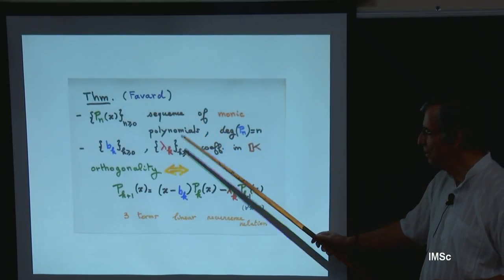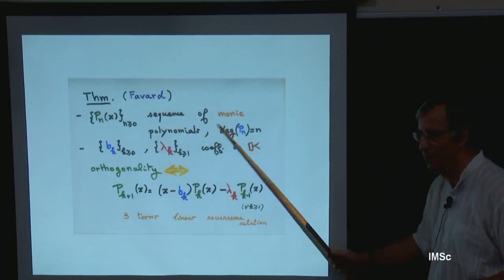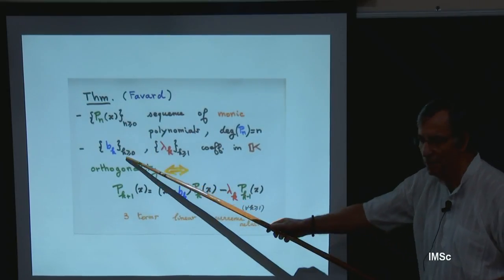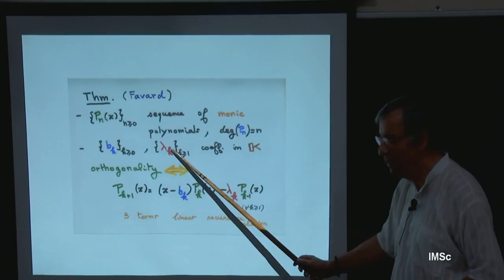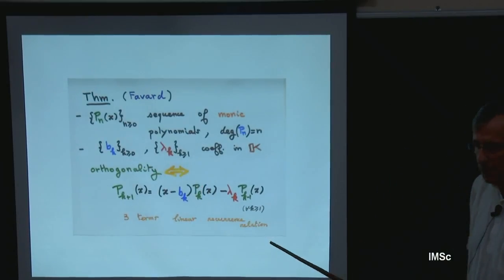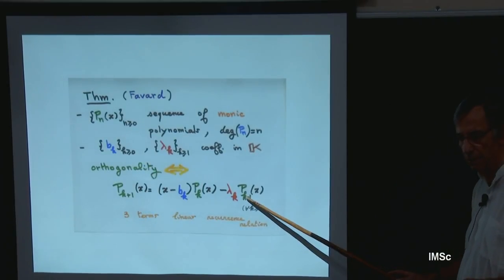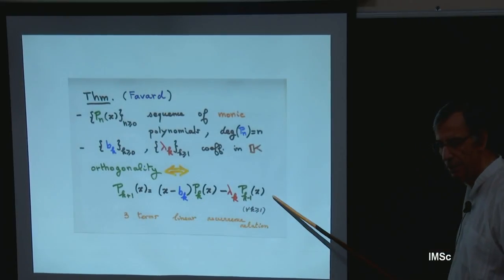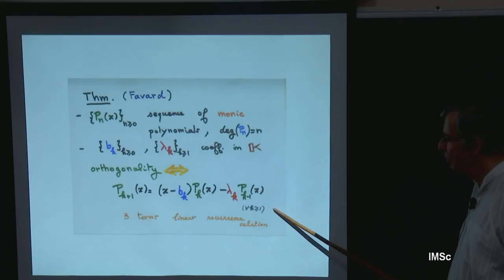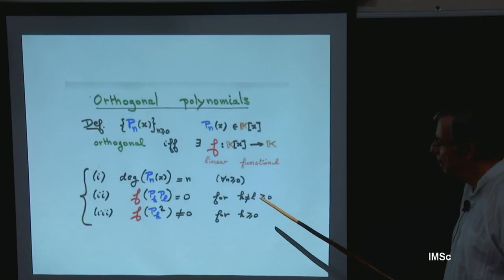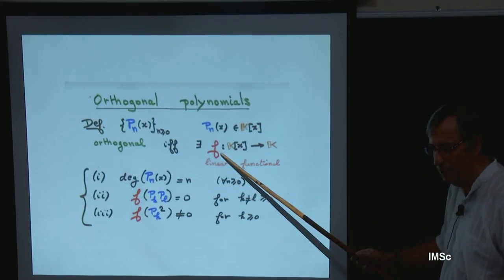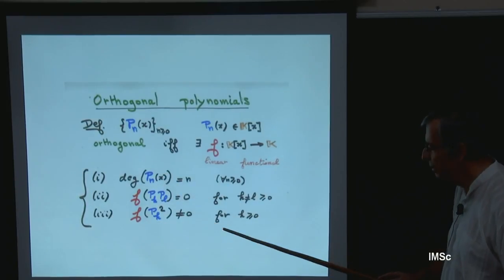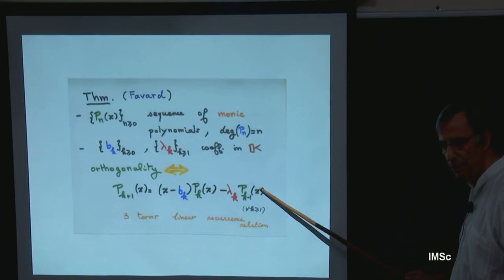This theorem says that the sequence of polynomials is orthogonal if and only if there exist two sequences b_k, lambda_k of coefficients, such that the sequence of orthogonal polynomials satisfies this three-term linear recurrence relation. So if your polynomials are orthogonal for a certain f, then they satisfy this three-term recurrence relation.